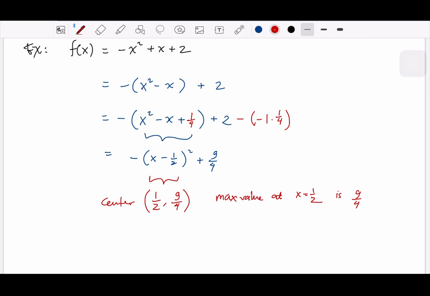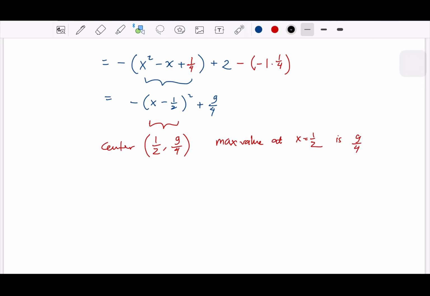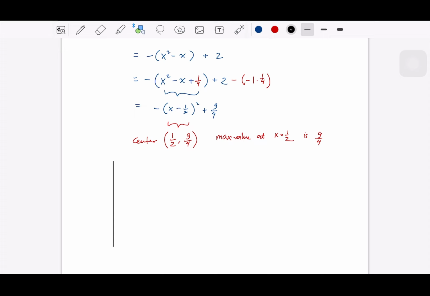Okay, if you would like to see the graph, this is 0, this is, let's say, 1, so this is half here, and this is 1, this is 2.